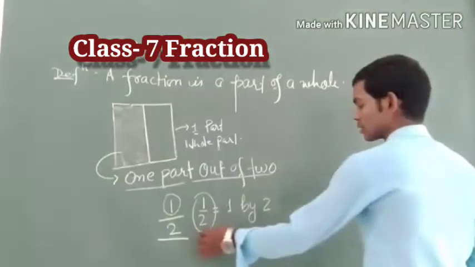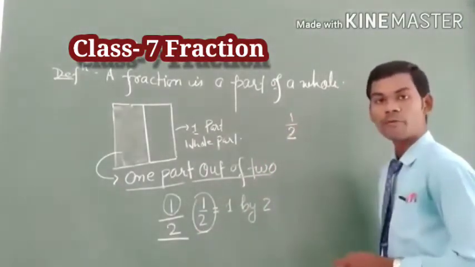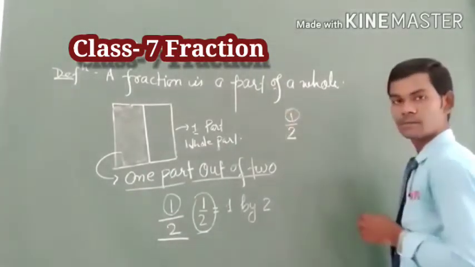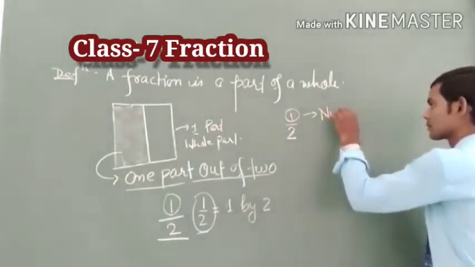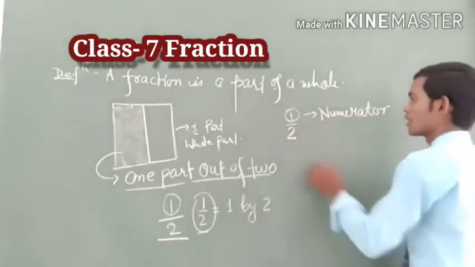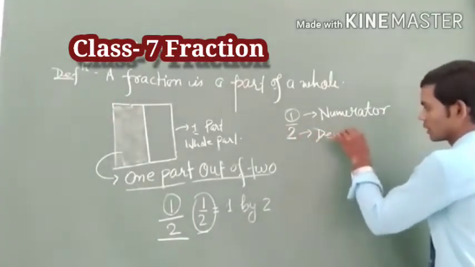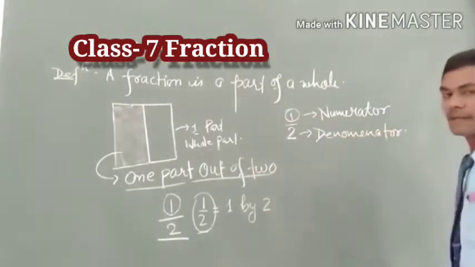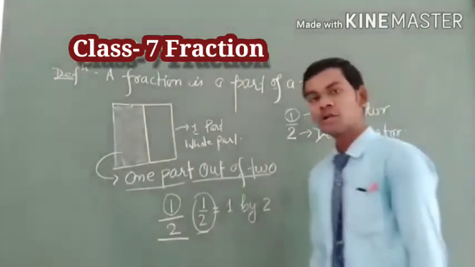And here this fraction 1 upon 2 is the fraction, and here the upper part is known as numerator, and the lower part is called denominator of the fraction. Okay, so here we can say that a fraction has two parts.